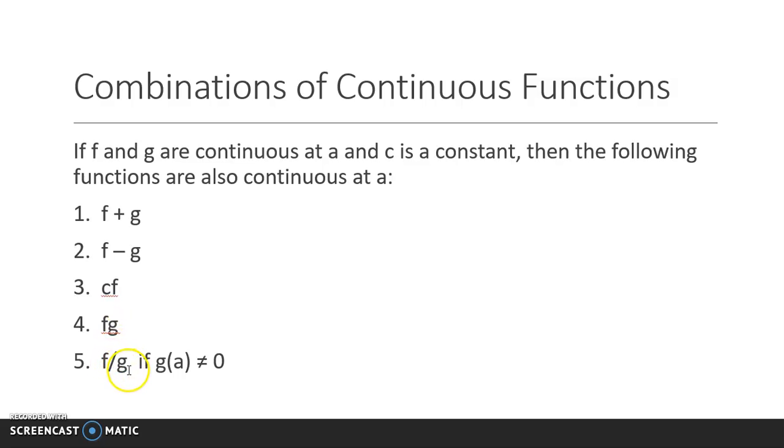And if I divide them, as long as g of a number does not equal 0, then it's still going to be continuous. Okay, so we have some more theorems that we're going to look at to find out values where certain types of functions are continuous.